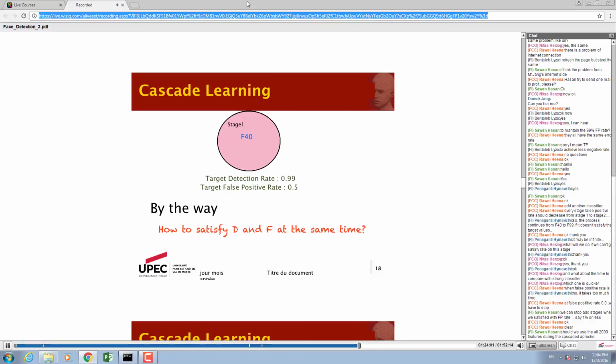They can show different numbers, and they can vary in different directions. So it is practically difficult to satisfy these two numbers at the same time. Do you have any idea how to satisfy these two numbers at the same time?